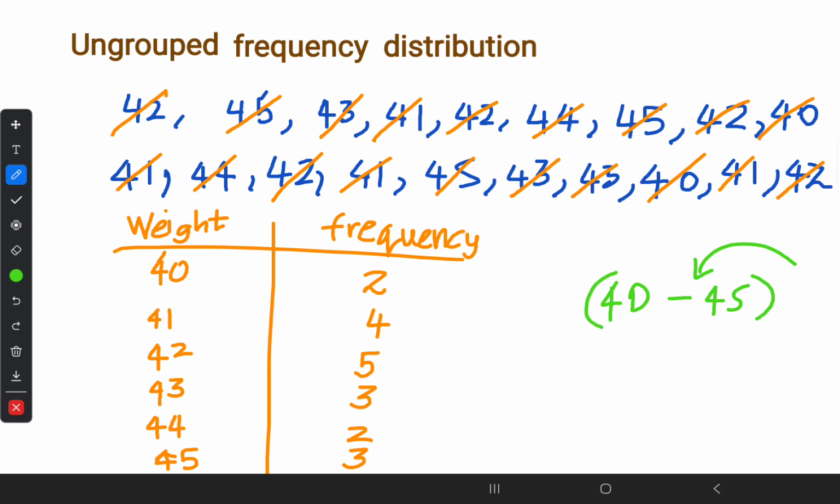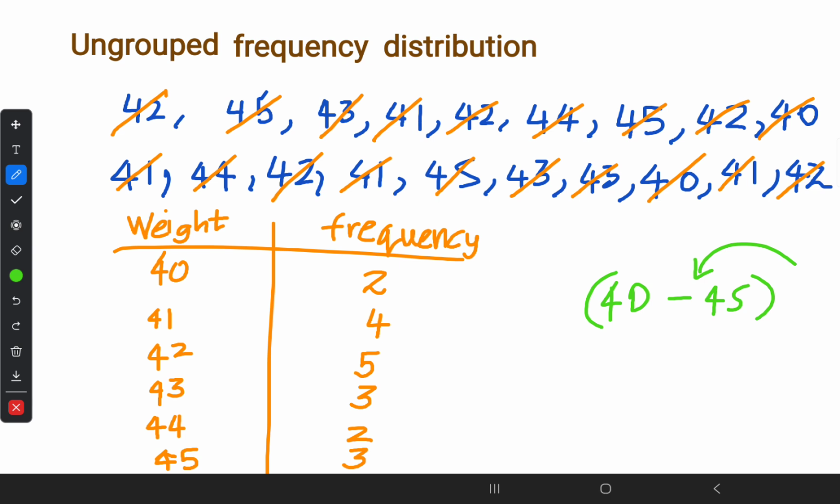This is called a grouped data distribution. Here there is a range, not only a single value, but in all the cases here we have single values. That's why this is denoted as an ungrouped frequency distribution. 40 represents only the weight of 40. But in this case, look at this, the range is 40 to 45.